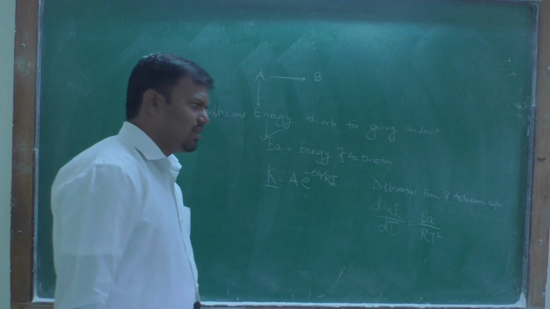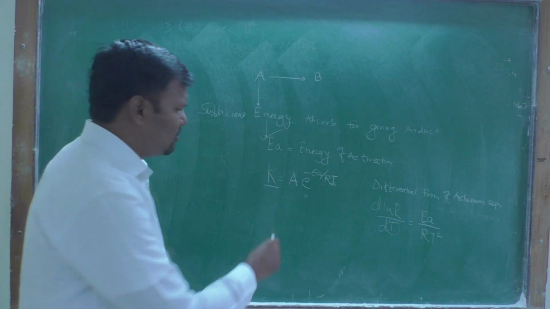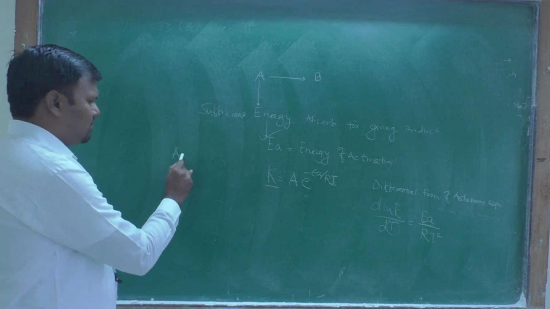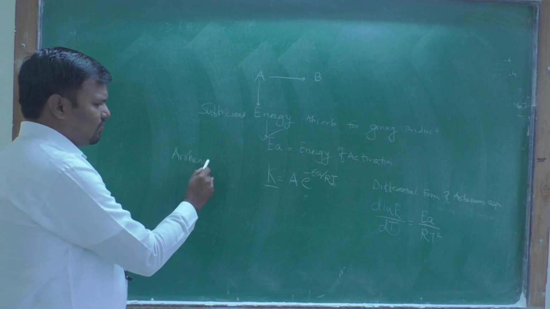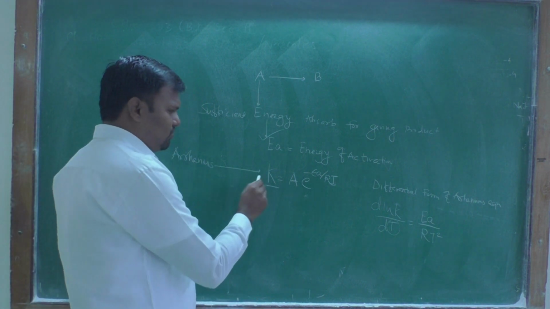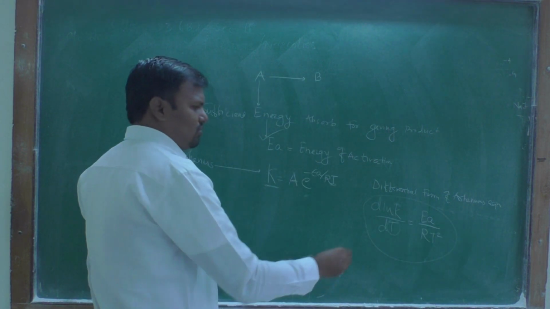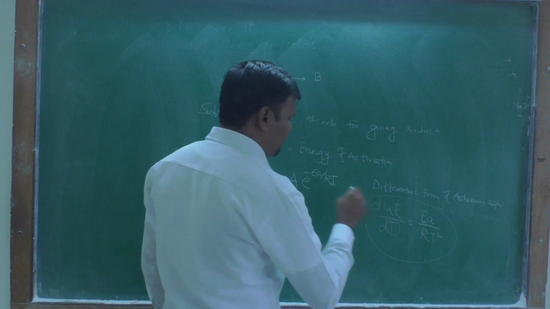This is the differential form of the Arrhenius equation. This is the Arrhenius equation, and when you differentiate it, it gives this equation.